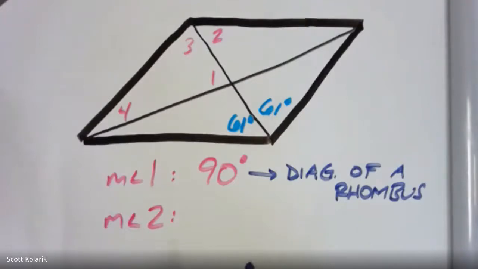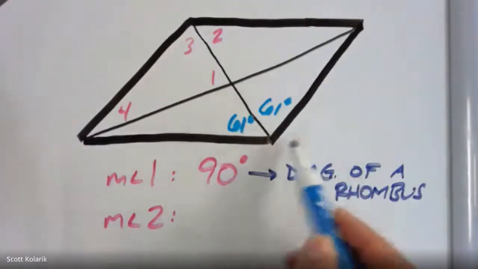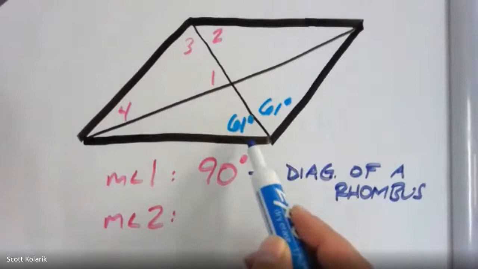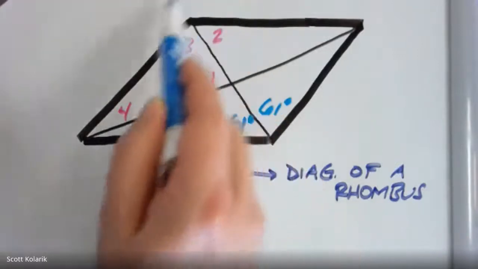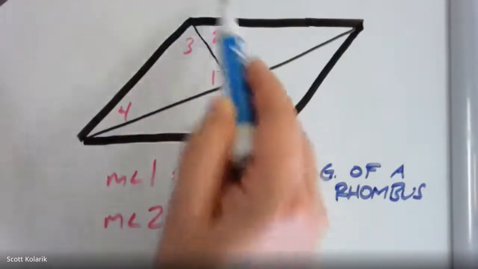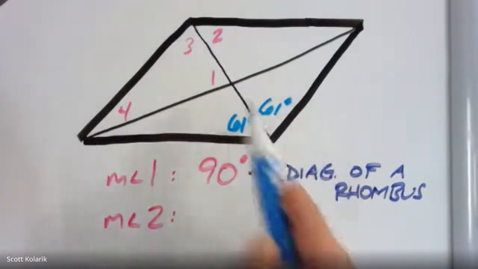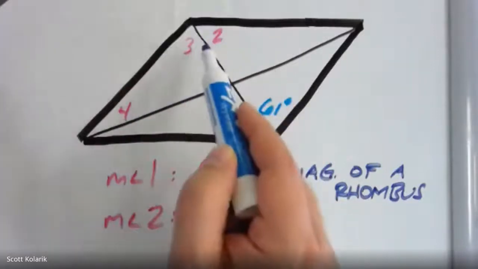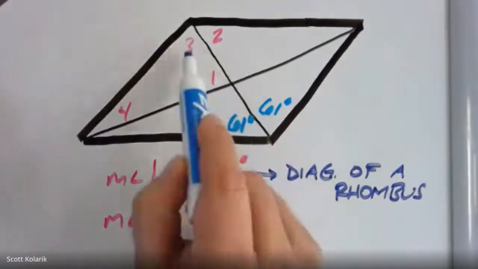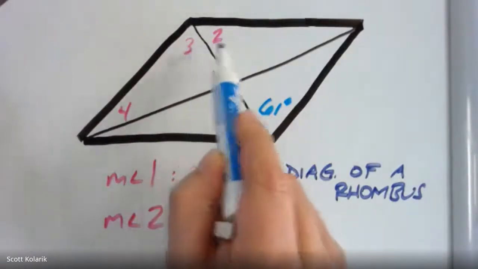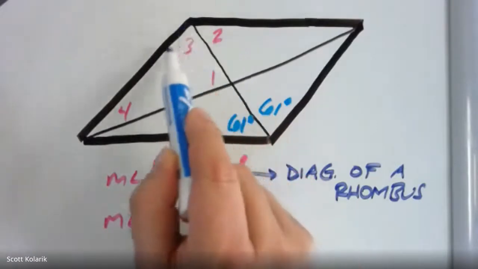Why is that helpful? Because this entire corner now is 122 degrees if I add these two guys together. And because it's a parallelogram, the same has to be true up in this corner, because this bottom right corner has to match this upper left corner. That's the opposite angles of a parallelogram. But now with a rhombus, each of these pieces right here, angles 2 and 3, have to also be the same measurement.